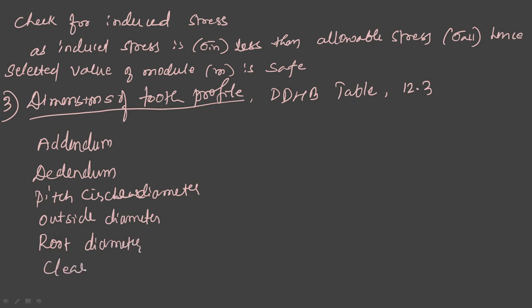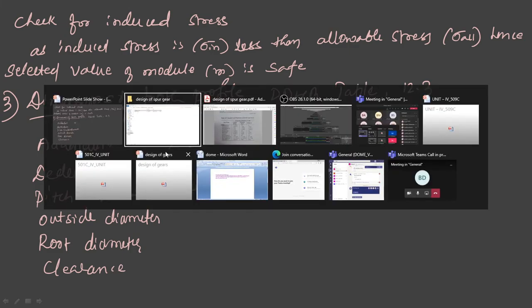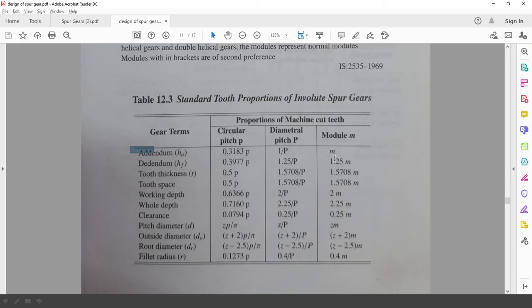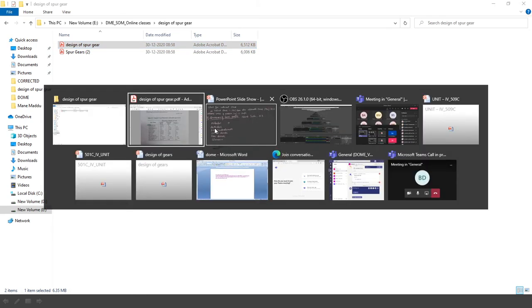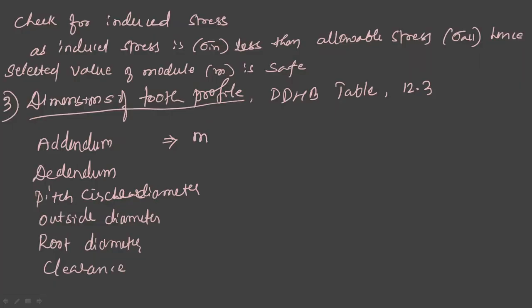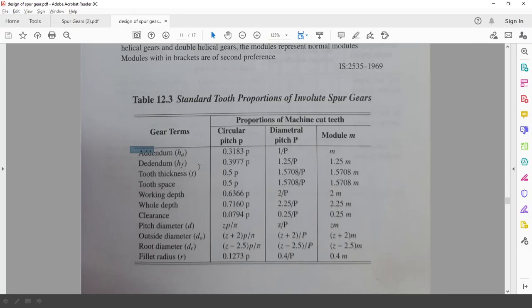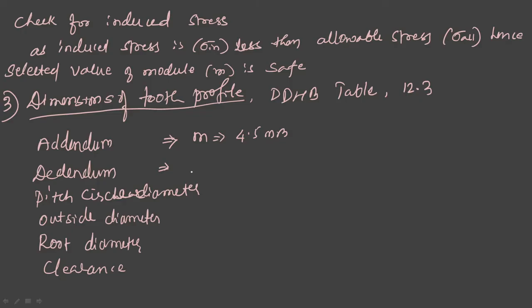So clearance. Okay. So now to calculate addendum, what is the equation here? It is equal to 1 m. It is equal to m. This is equal to 4.5 mm. So dedendum, it is 1.25 m. Now we calculate how much you are going to get.